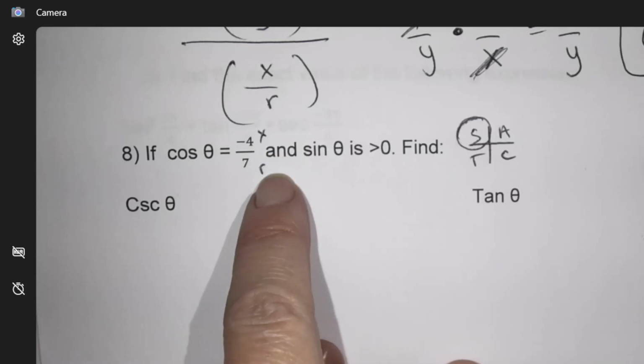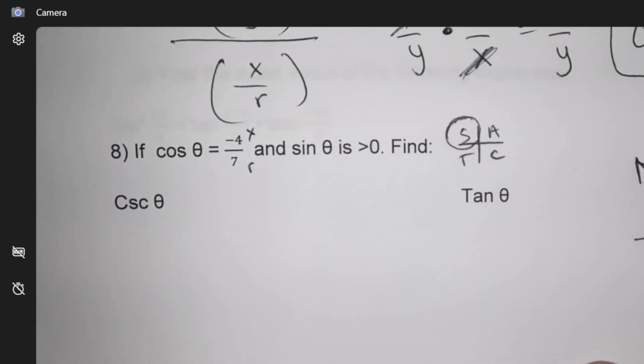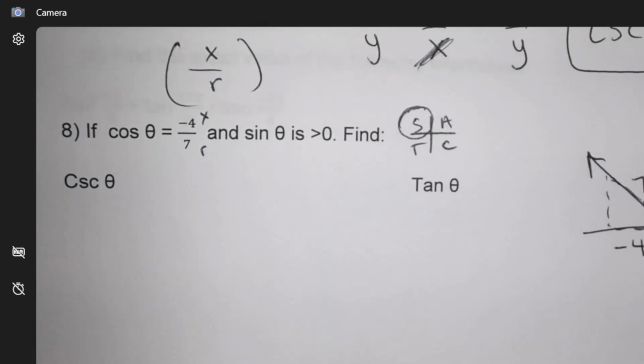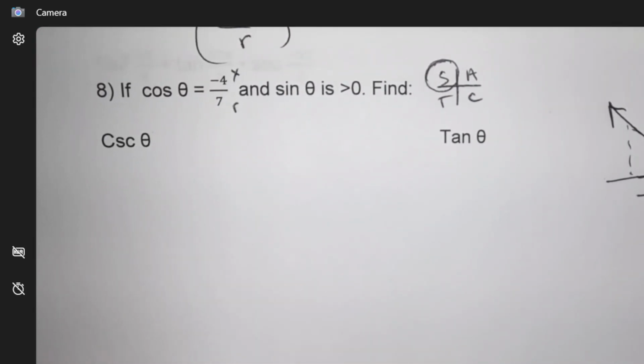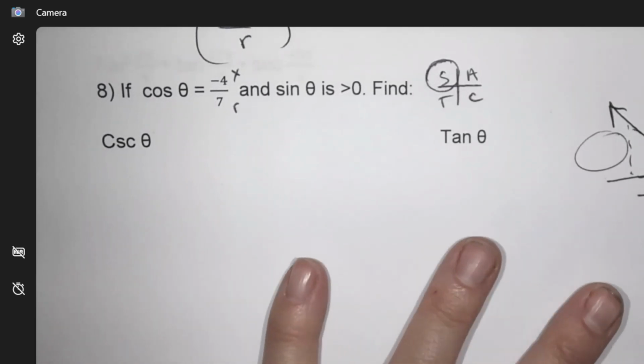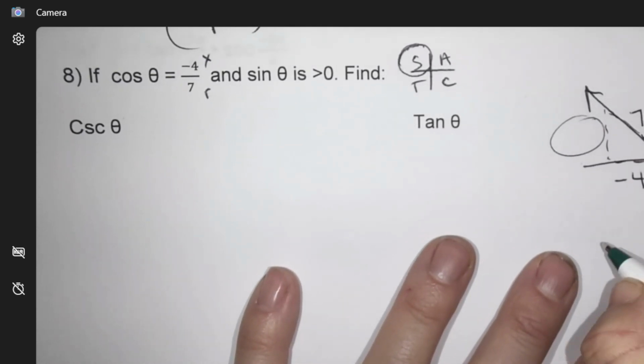So cos is x over r. Okay, I'm going to say this is a no-calculator question. You don't need a calculator for this. We can do it. So I have to find the third side. So we're going to go 49.